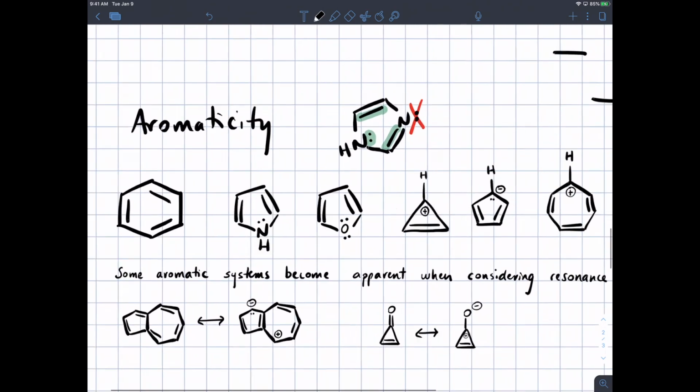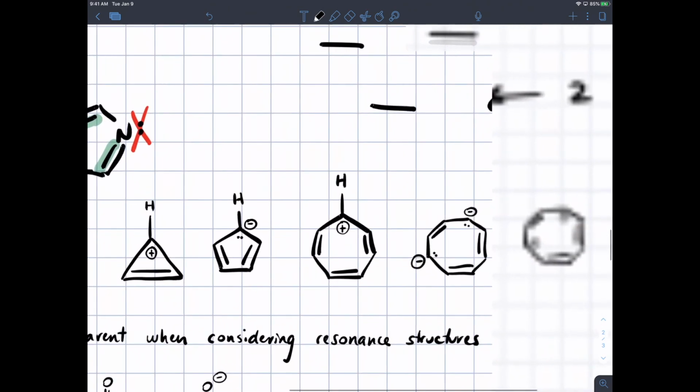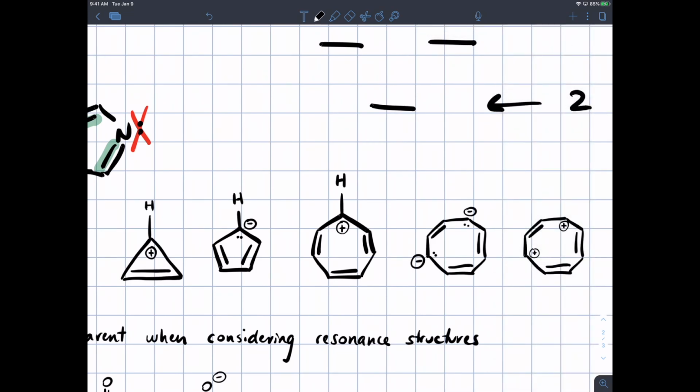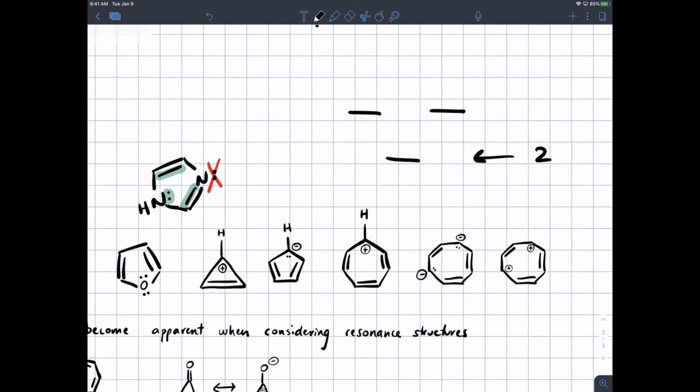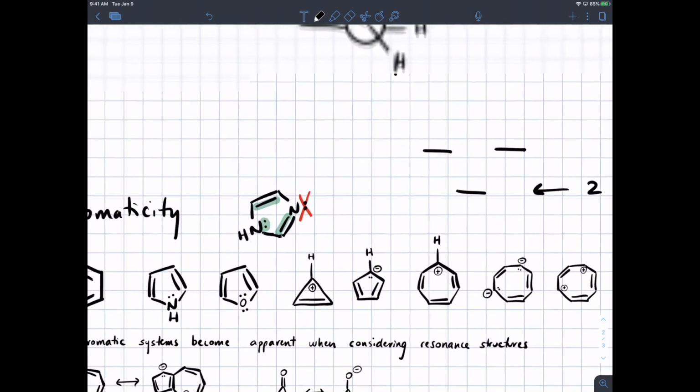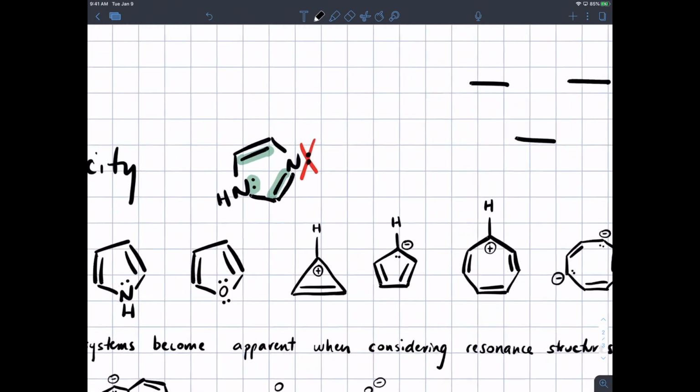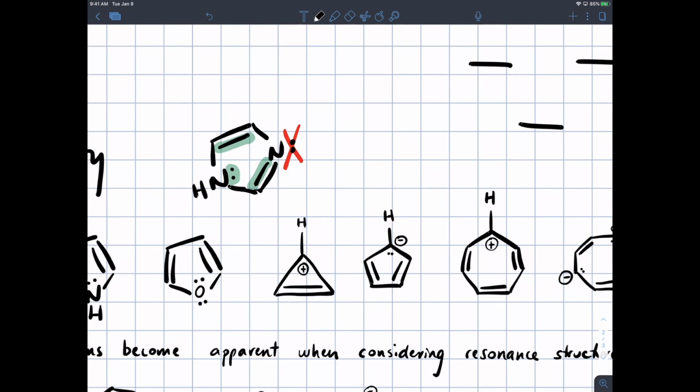Aromaticity can also be used to explain why some carbocations are more stable than you'd otherwise expect. Go ahead, Dakota. So if we were to draw extra resonance structures for imidazole, moving the lone pair in this double bond? You could do that, but you would have to move the double bond over to avoid violating the octet rule. And you would be making a carbene at that point?